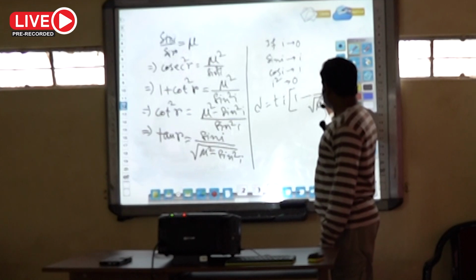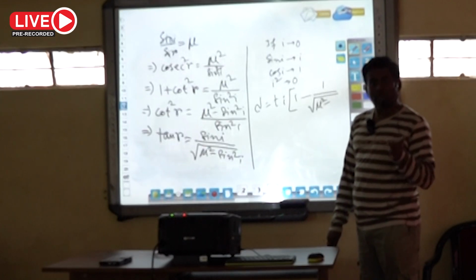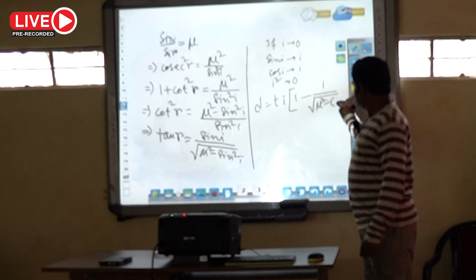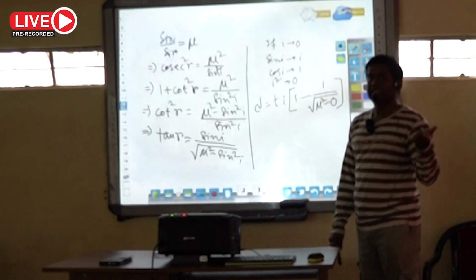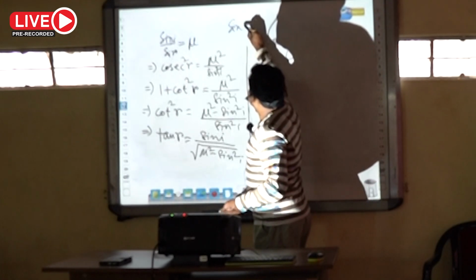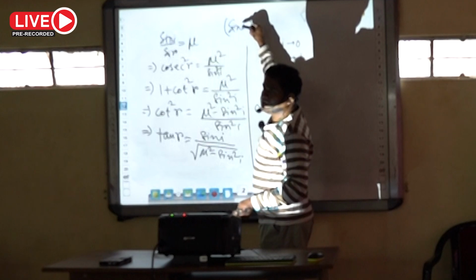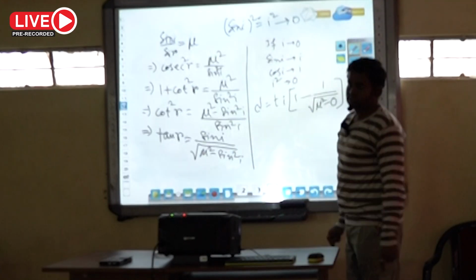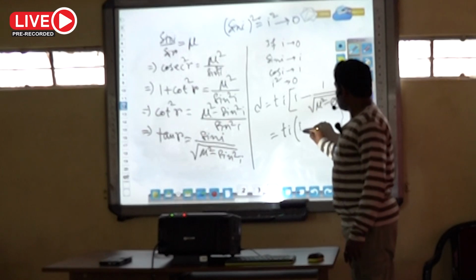Inside the root, first term is mu square, second term is sin square I. Sin I will be converted to I, so sin square is I square, because that term is sin I whole square actually. But I square is negligible, so this term tends to 0. So it will become t into I into 1 minus 1 by mu.